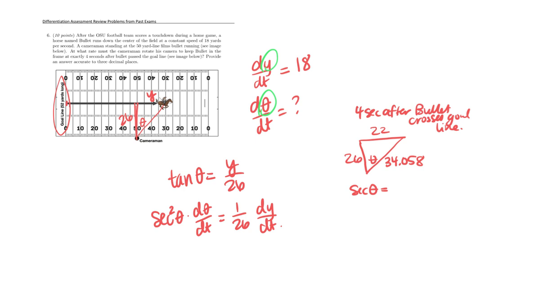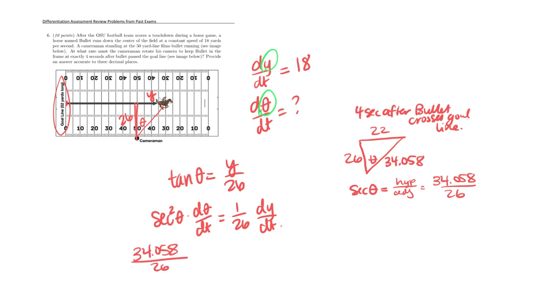So cosine is adjacent over hypotenuse, so this will be hypotenuse over adjacent. So that'll be 34.058 over 26. And if I square that, then I'll get secant squared theta.